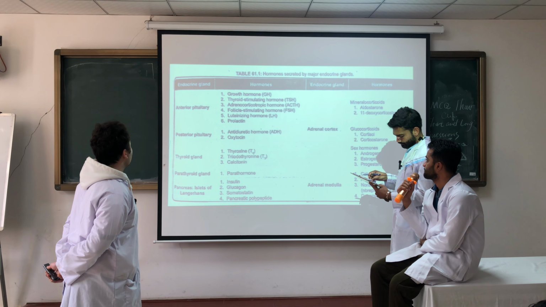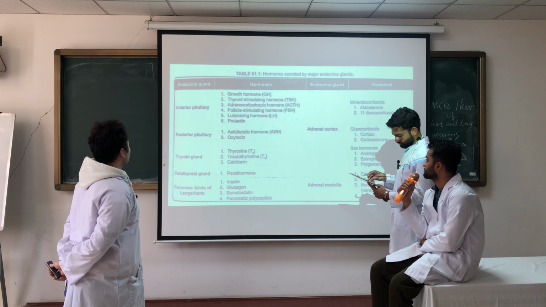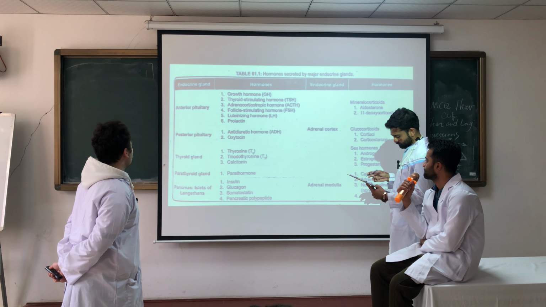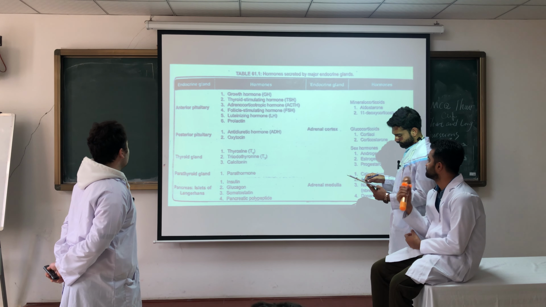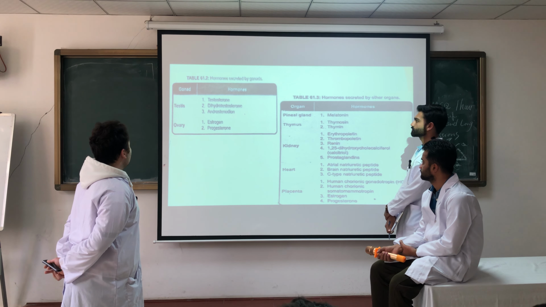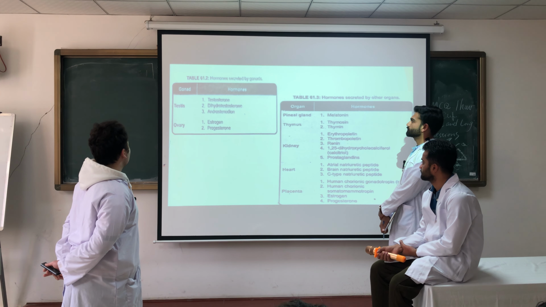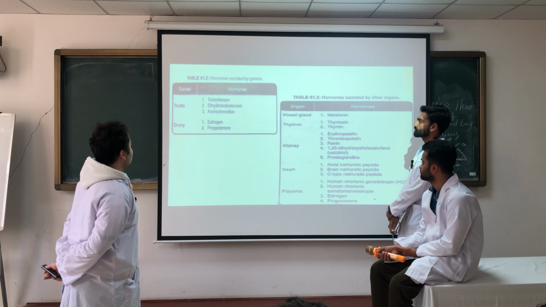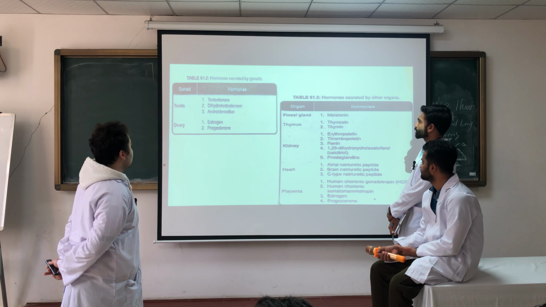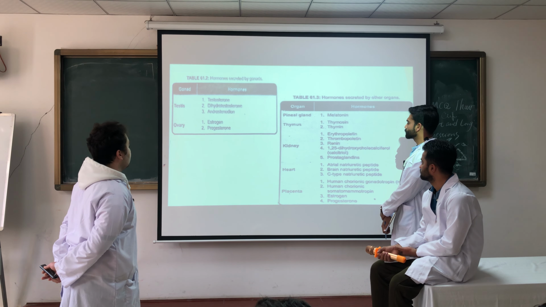Posterior pituitary gland: antidiuretic hormone, oxytocin. Thyroid gland: thyroxine and calcitonin. Hormones secreted by gonads, testes and ovaries, and hormones secreted by other organs: thymus, kidney, heart, and placenta.